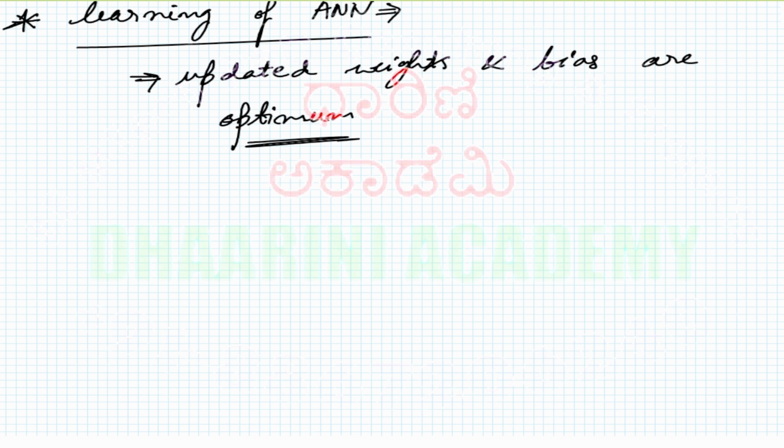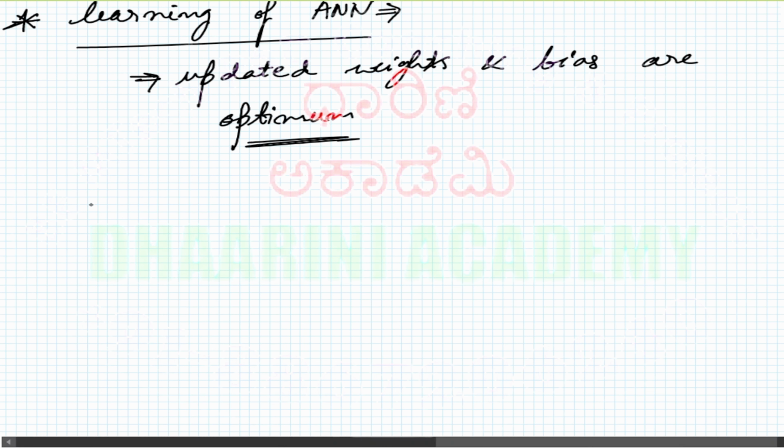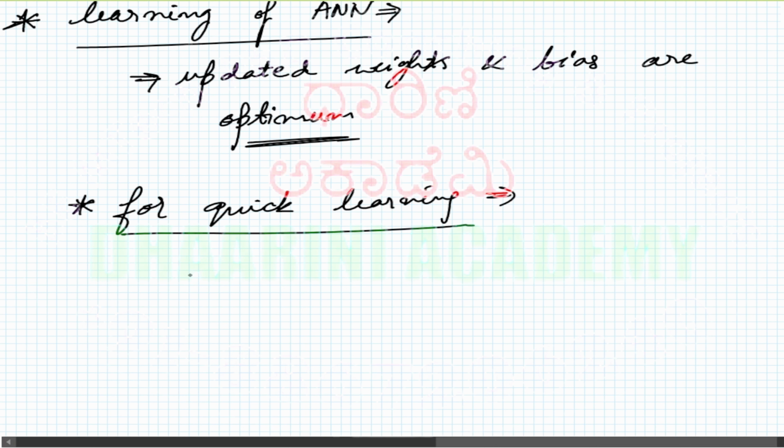So the way of representing the input, or in other words, the way of presenting the input. Correct. I'll write that. That's a very valid point. So I'll just add one point here, for quick learning, if you want to make the machine learn very quickly. The first point definitely is the way of presenting the input.